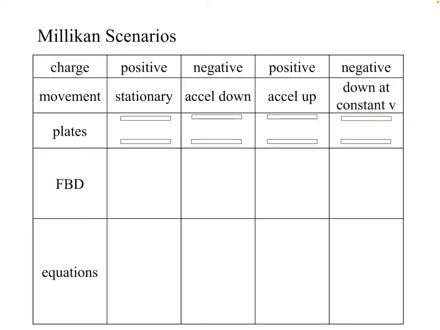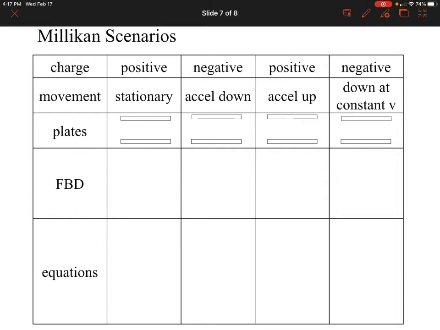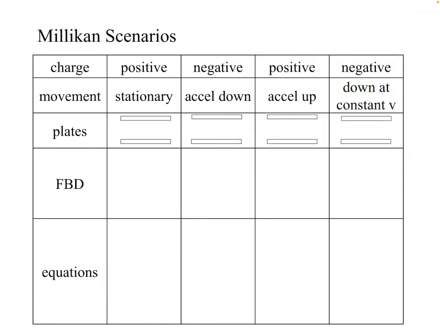So how would we do these? We have a bunch of different scenarios, so we're going to go over all the different scenarios that we could have and how we could calculate charge using these scenarios. So let's assume that it's a positive charge and the oil droplet is remaining stationary. So if that's the case, which plate would have to be negative, which would have to be positive in order for this to be this kind of situation?